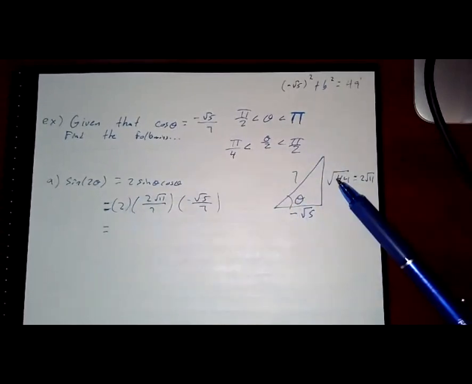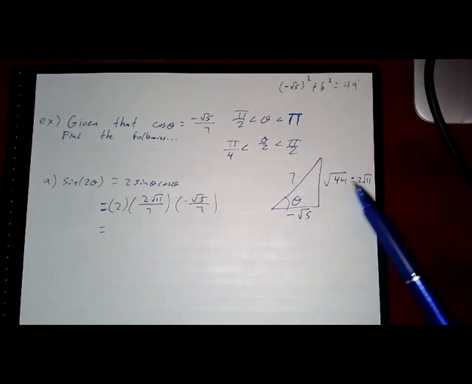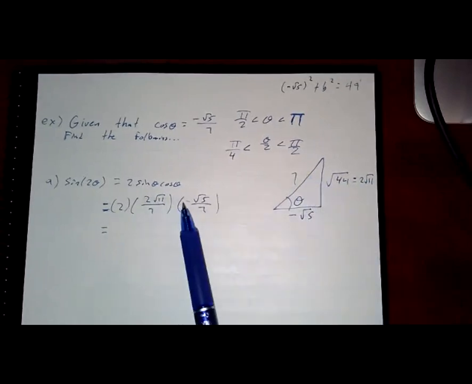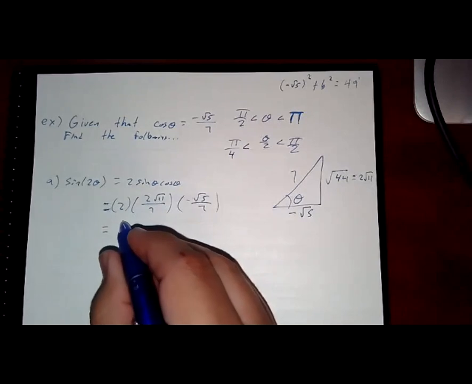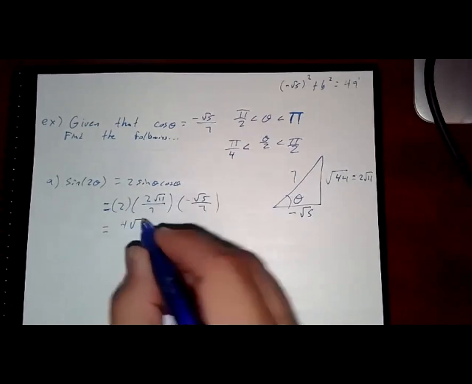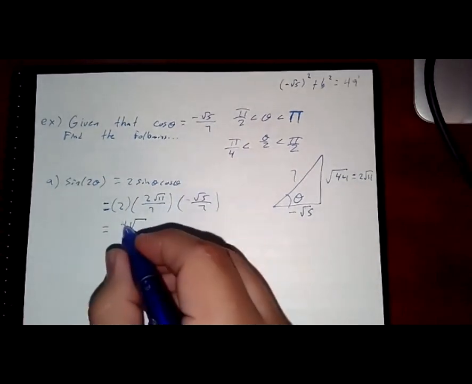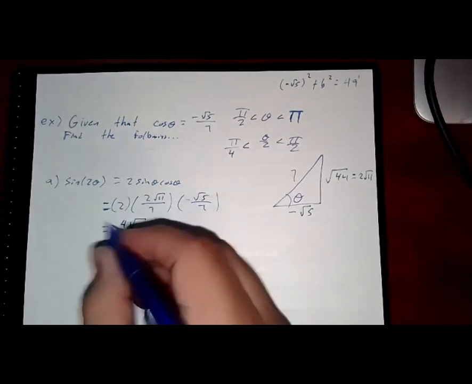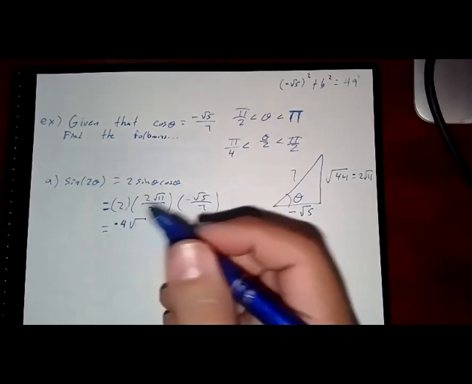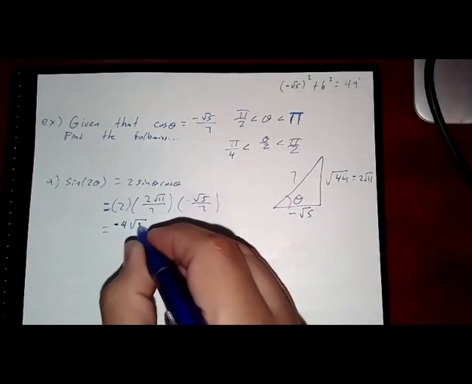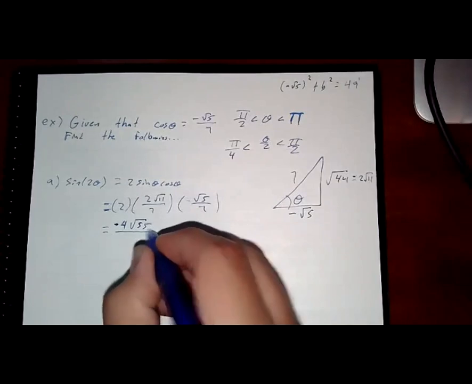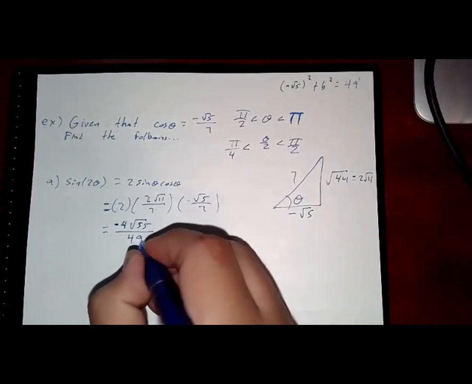So 2 root 11 over 7 times negative root 5 over 7. So this will be 2 times 2 is 4, root 11 times 5. This is the only time you can multiply the insides, with multiplication. So this will be root 55 over 49. There we go.